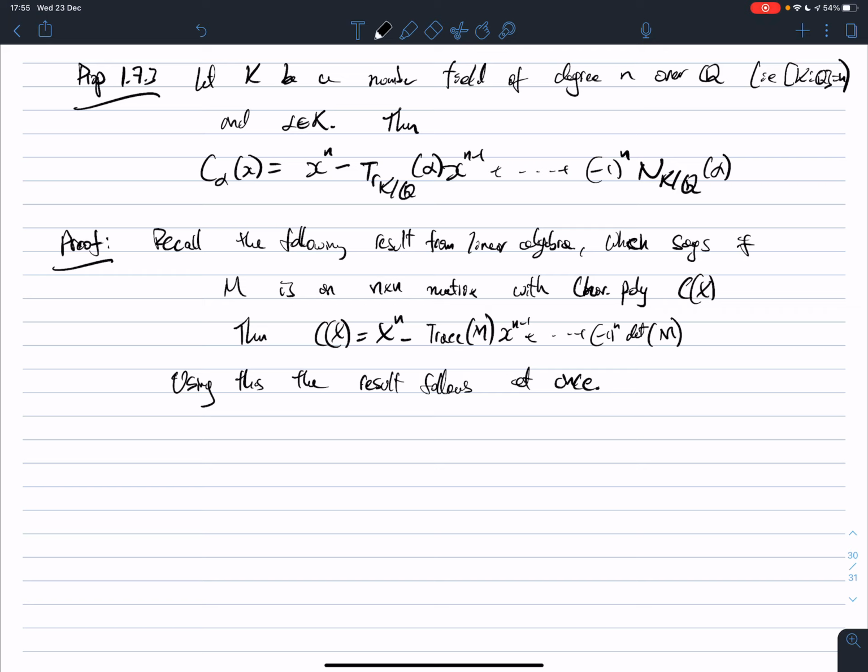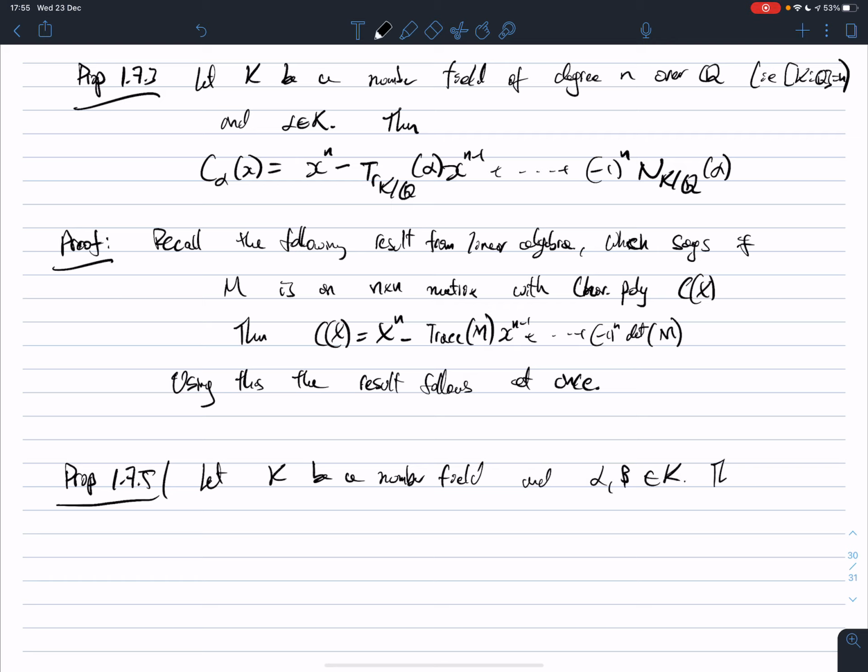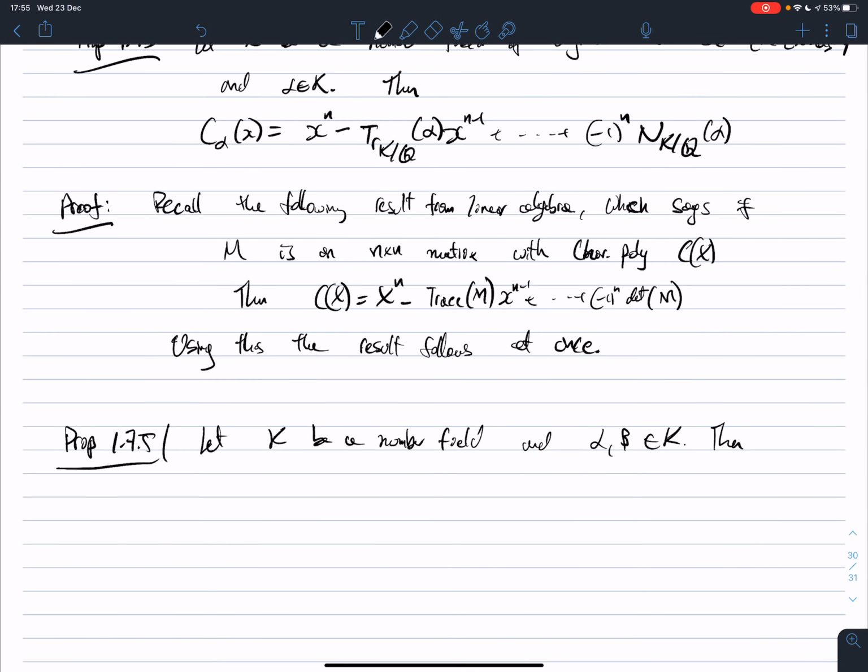Now, what else do we know about this norm and this trace? So here's another proposition, 1.7.5. Let K be a number field, and take two elements alpha and beta in K. Then we'll see the trace is linear with respect to addition, and the norm is multiplicative with respect to multiplication. That is, the trace from K over Q of alpha plus beta is the same thing as the trace K over Q of alpha plus the trace K over Q of beta.